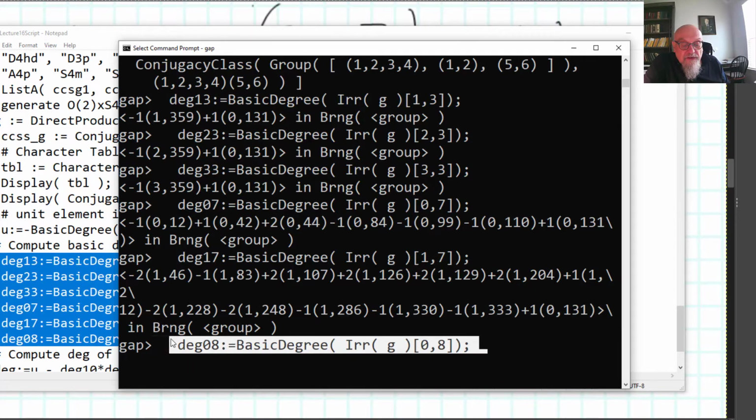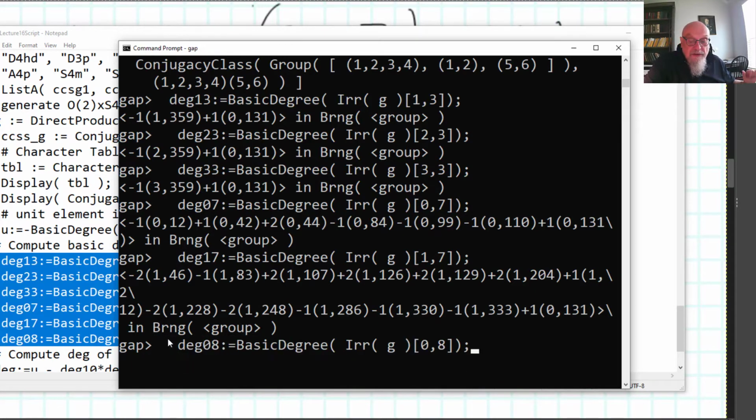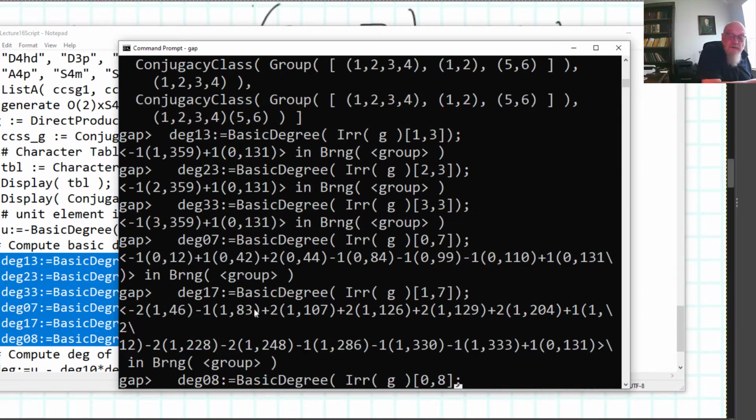Maybe this one is not working because I don't need this one. Okay. Let me check. Maybe it's not computing. No, it's computing. No, it's not computing.